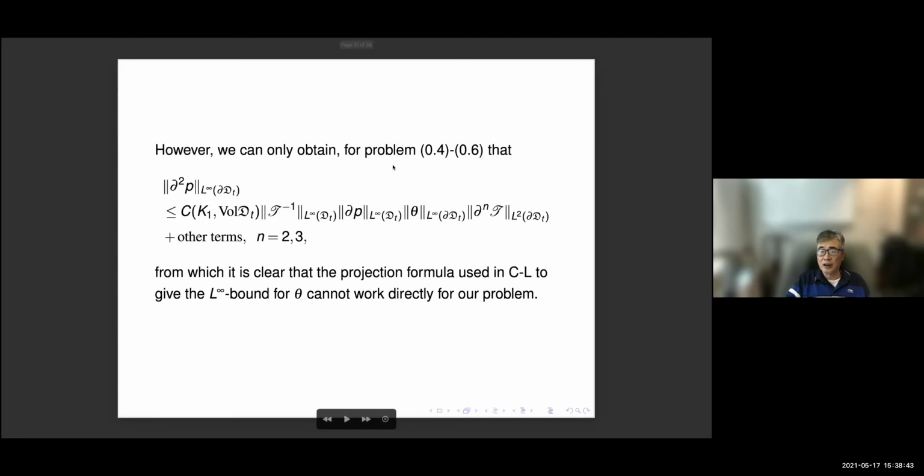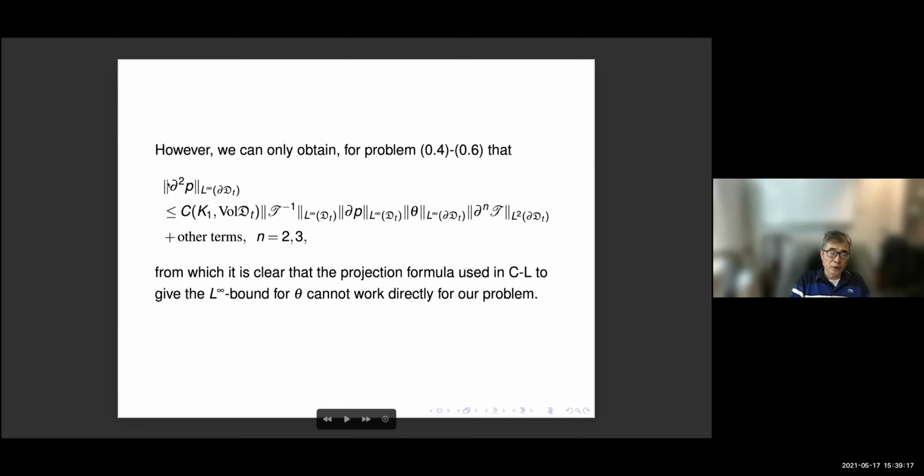However, for our case, when we try to use this projection formula, we get the estimate of the L infinity bound on the boundary of the second derivative of pressure given by this, because on the right hand side it involves the L infinity bound of the second fundamental form.